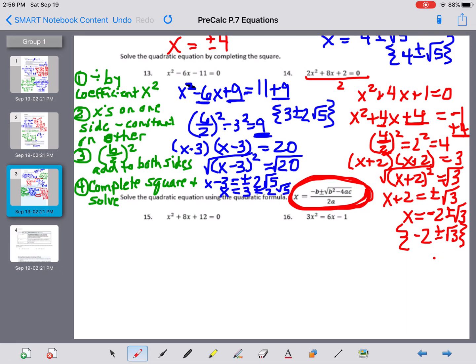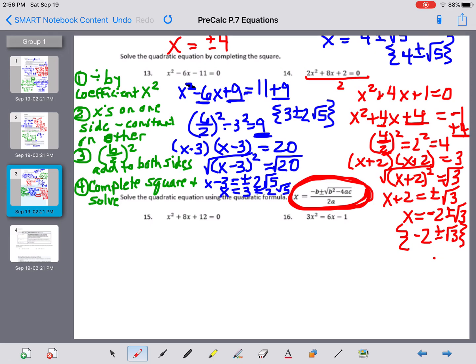You heard that right. It is foolproof. It will solve absolutely every quadratic equation. Are there more steps? Is it more tedious? Is there room for mistakes? Most definitely. So typically, if we can factor like we did on the top one, we probably would factor first. But I will tell you, the quadratic formula is foolproof and can be used on every equation.